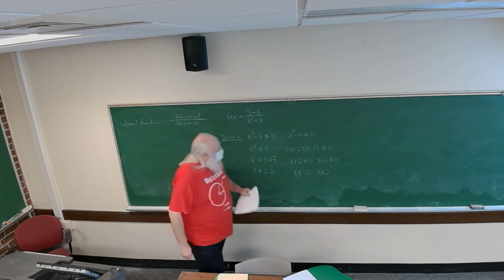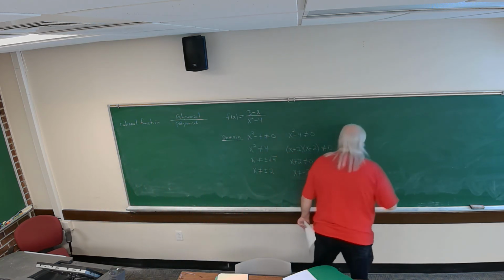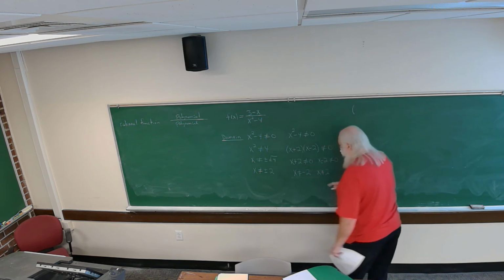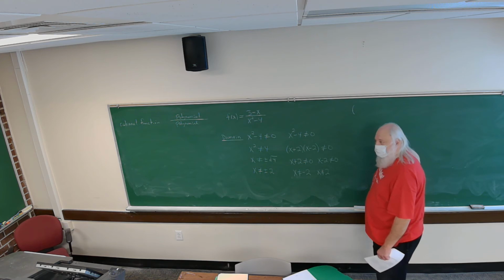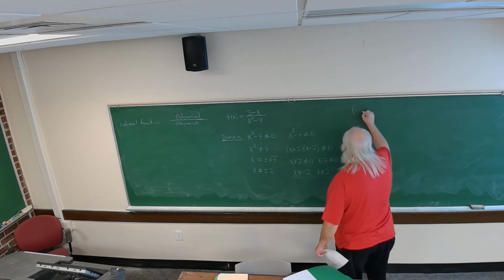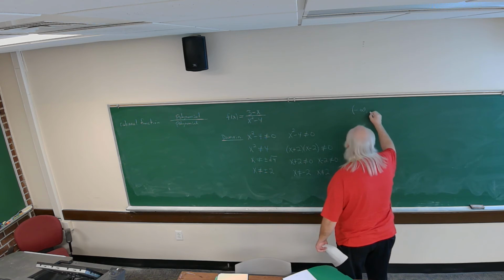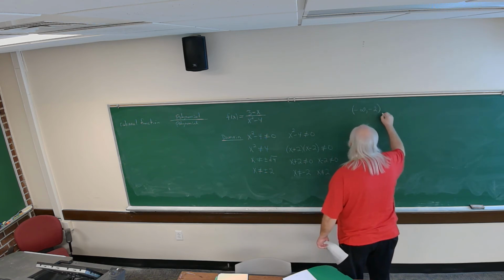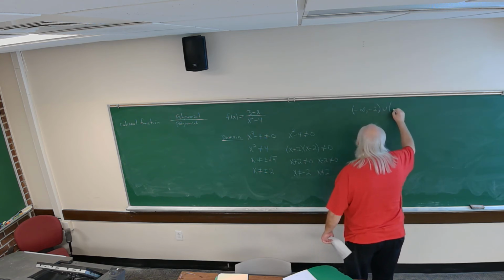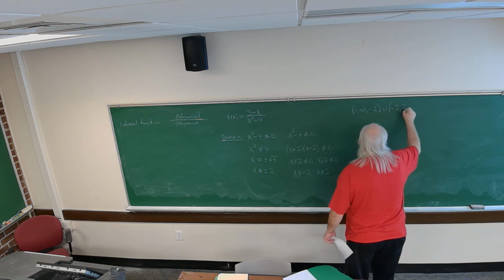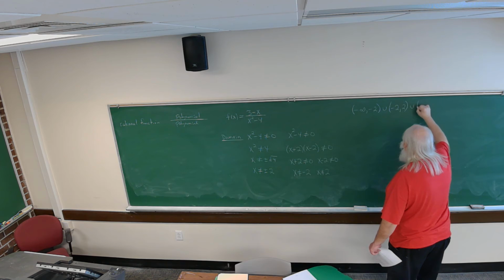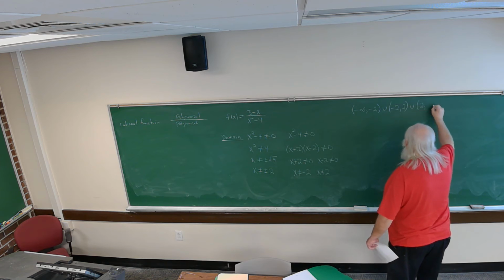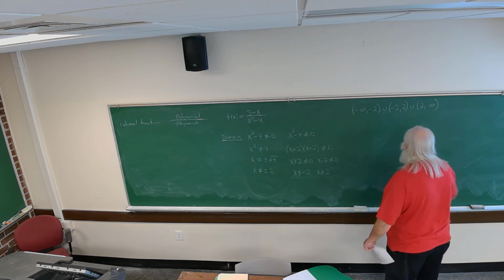So the domain is all real numbers except for minus 2 and plus 2. How do we write that in interval notation? Parentheses, minus infinity to minus 2, union, parentheses, minus 2 to plus 2, parentheses, union, parentheses, 2, plus infinity.